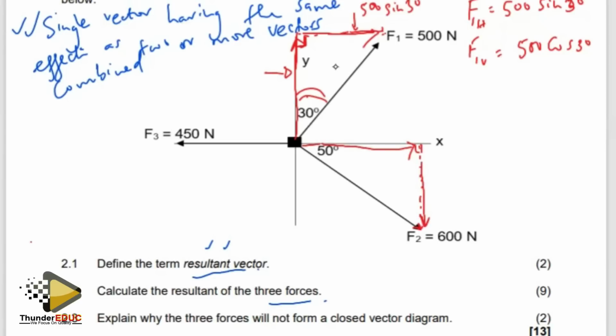So the horizontal is positive, the vertical is negative. I'll take the resultant of 600. Since this is adjacent, it will be 600 cos of 50. This is F2 horizontal. Then F2 vertical is going to be negative 600 sine of 50.